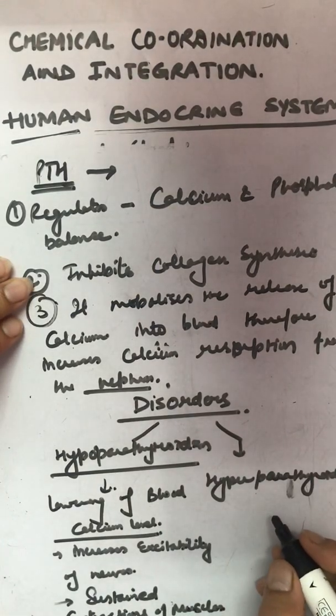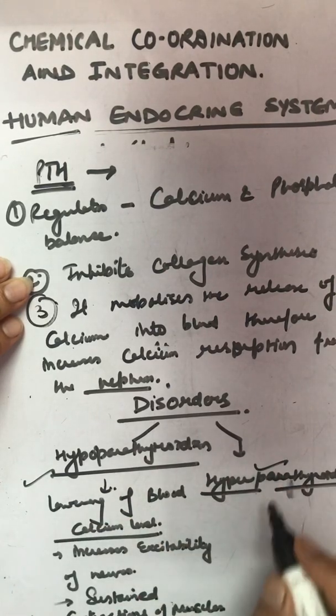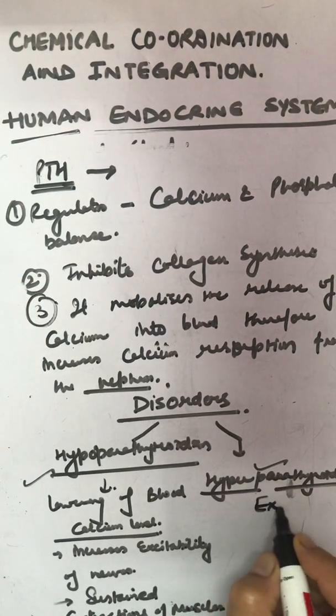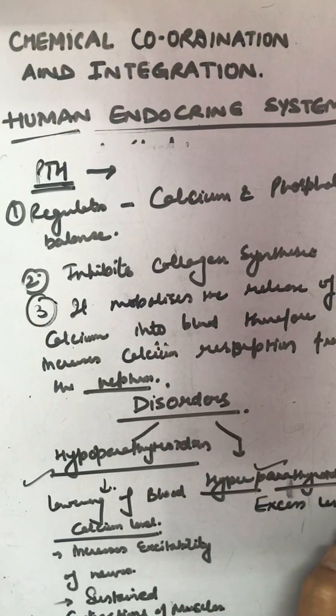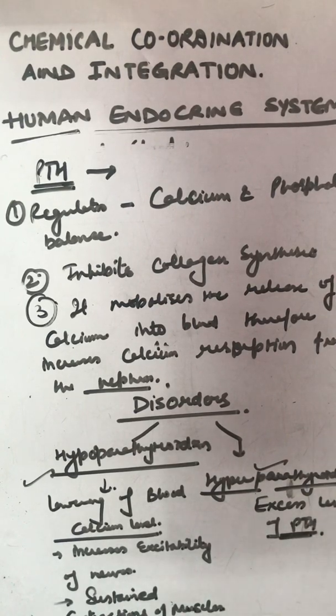This is hypo, and now hyper. Hyper is excess level of PTH. It draws more calcium from the bones, leads to demineralization, resulting in softening and bending of the bones.